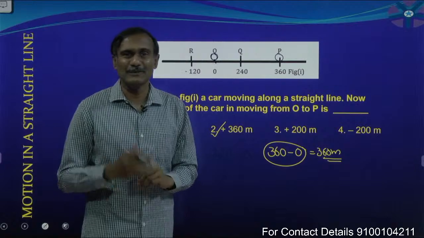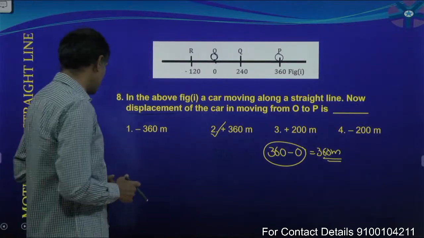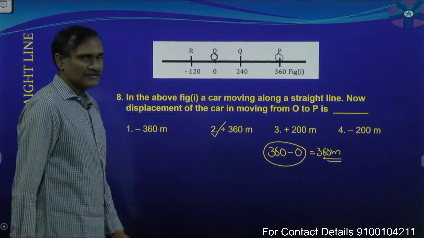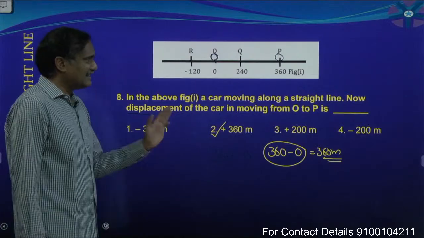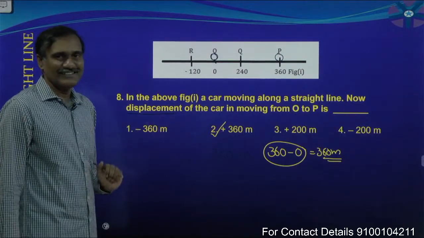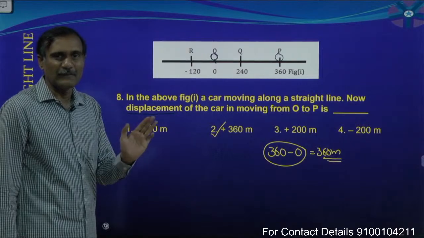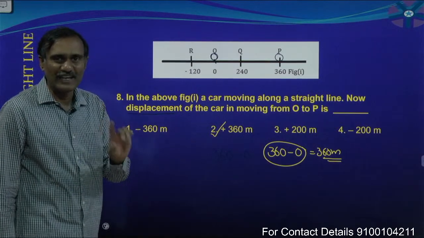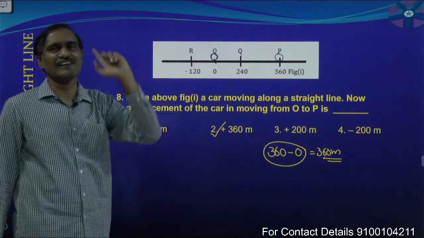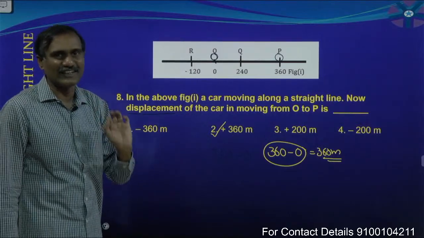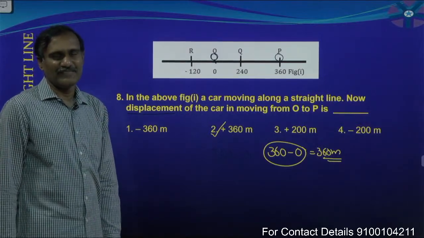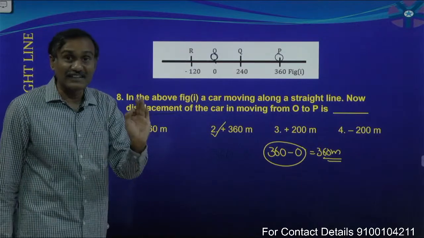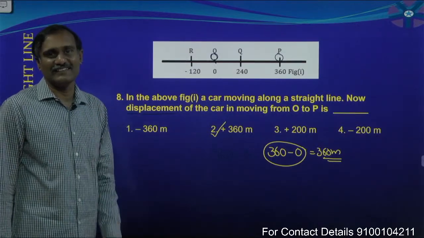It is also equal to 360 meters. Remember that. Here in this question, displacement and path length are the same. Why? The particle is moving along the same straight line. Remember that.